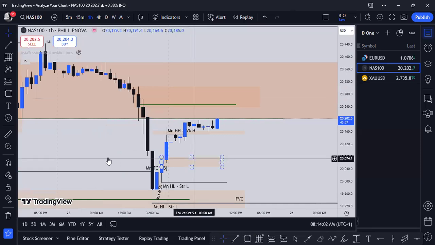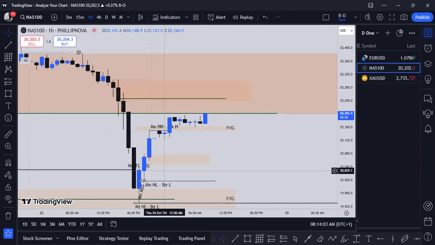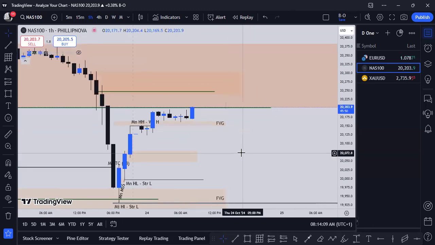We have a big internal structure here that we might expect market to react from. But we have this, so we can pick up this range as our reaction points.